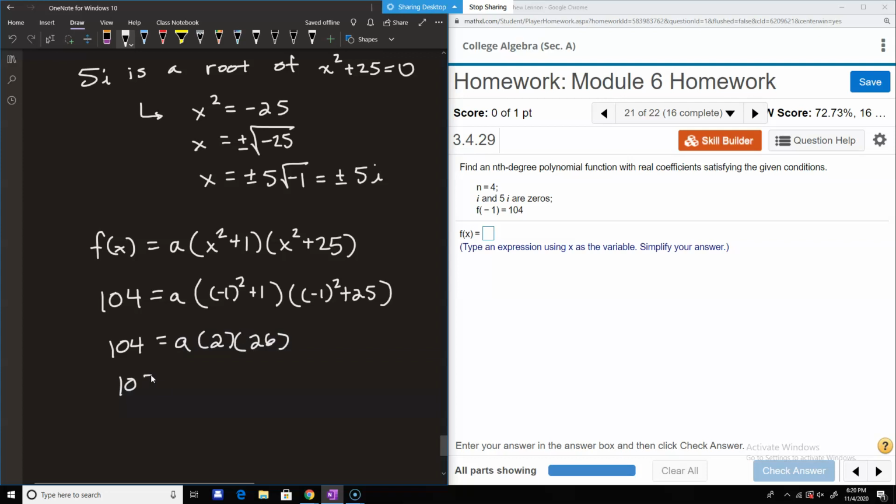So 104 is 52a. So a is equal to 2. So long story short, our answer here is f of x is 2 times x squared plus 1 times x squared plus 25. And that's how we answer this one.